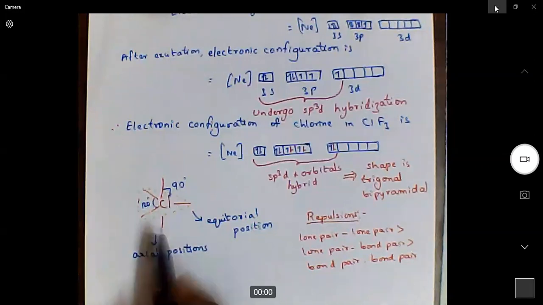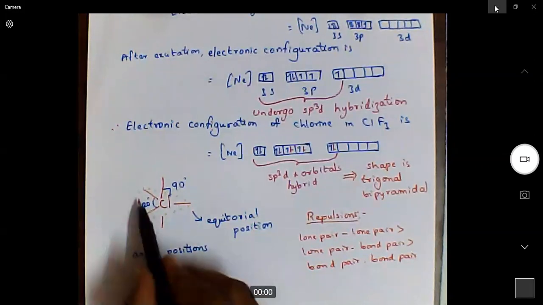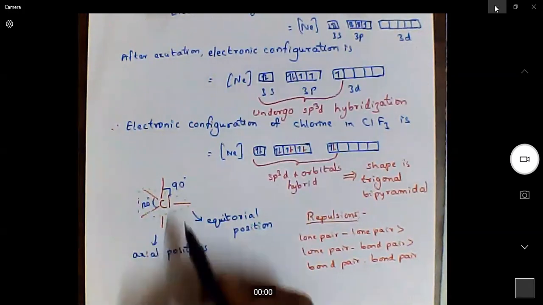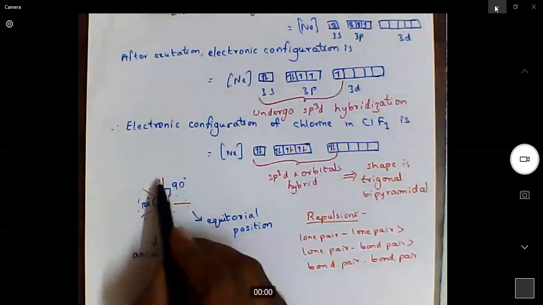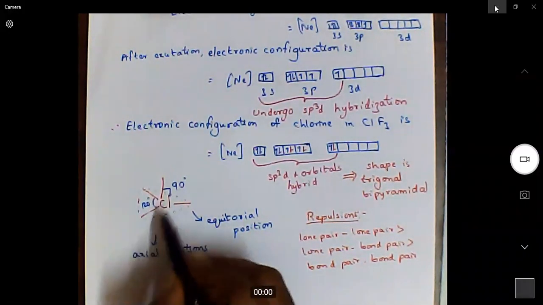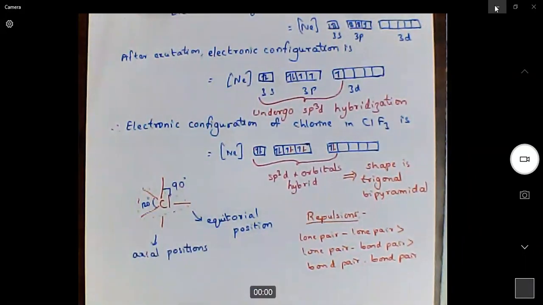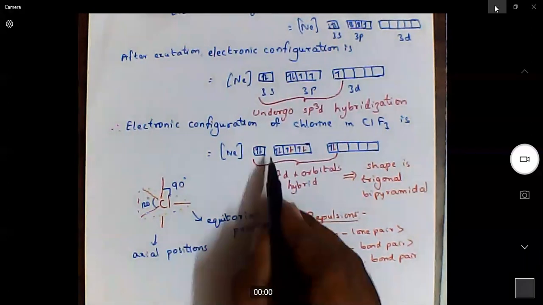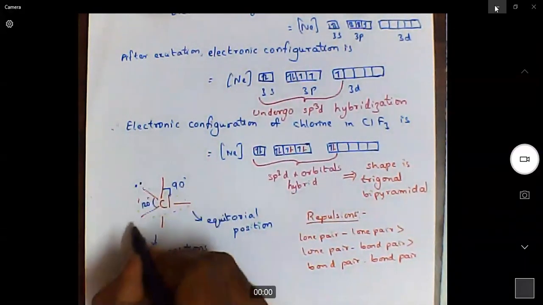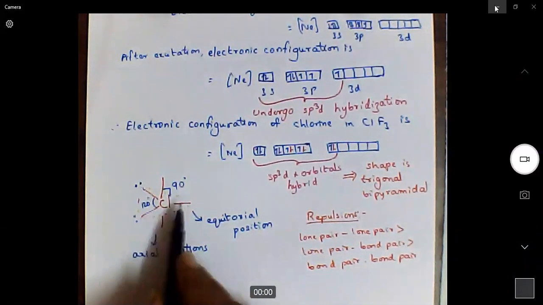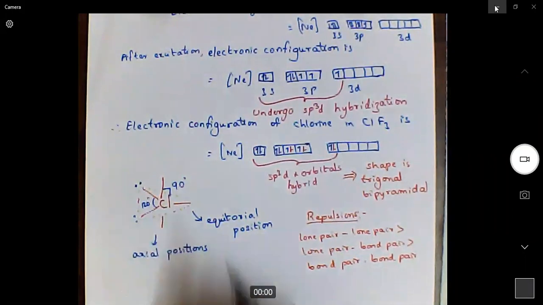That means when we place the lone pairs in the plane, that means at equatorial positions, they will be separated to maximum extent. But if we place the lone pairs at axial positions, they are not at the maximum possible separation. So it is a good practice to place these two lone pairs at equatorial positions. That means in the plane, anywhere, either these two places or these two places or these two places, any two places.